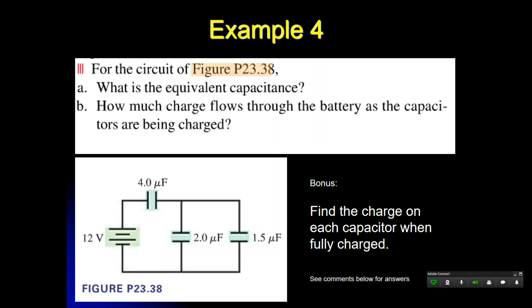Les voltages restent les mêmes. The voltage drop here, after the voltage minus this, I bet that is the same here.